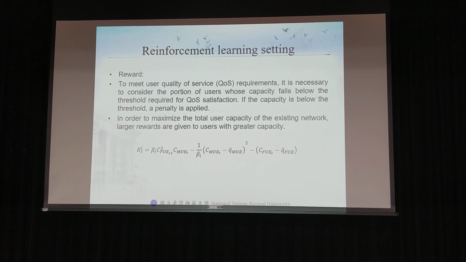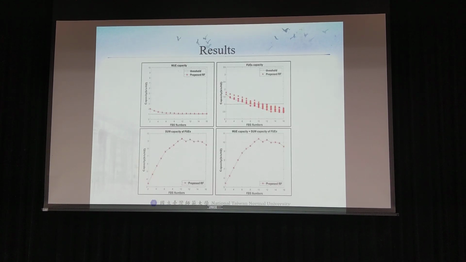If the capacity is below the threshold, a penalty will apply. In order to maximize the total user capacity of the existing network, larger rewards are given to the users with greater capacity. And we can see the lower equation is our setting.